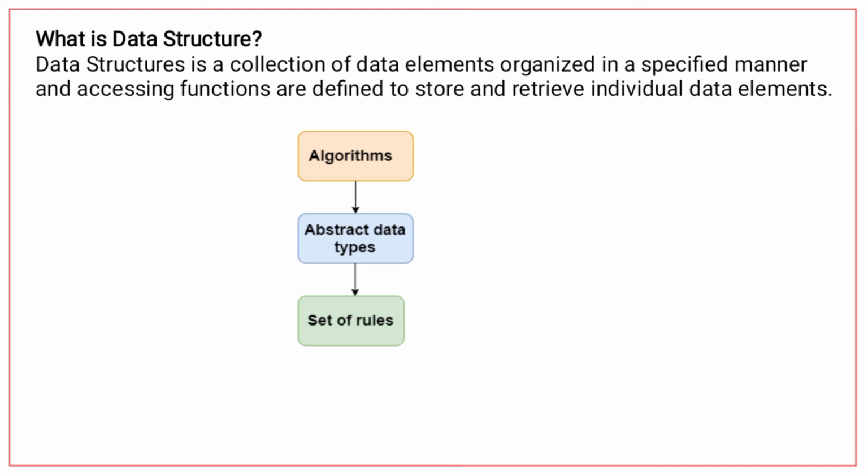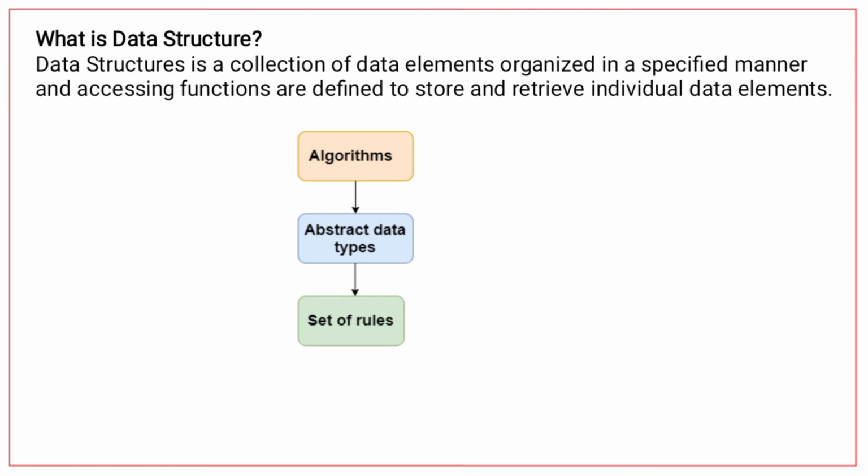There are also other ways to organize the data in memory. The data structure is not a programming language like C, C++, Java, etc. It is a set of algorithms that we can use in any programming language to structure the data in the memory. To structure the data in memory, n number of algorithms were proposed, and all these algorithms are known as abstract data types.